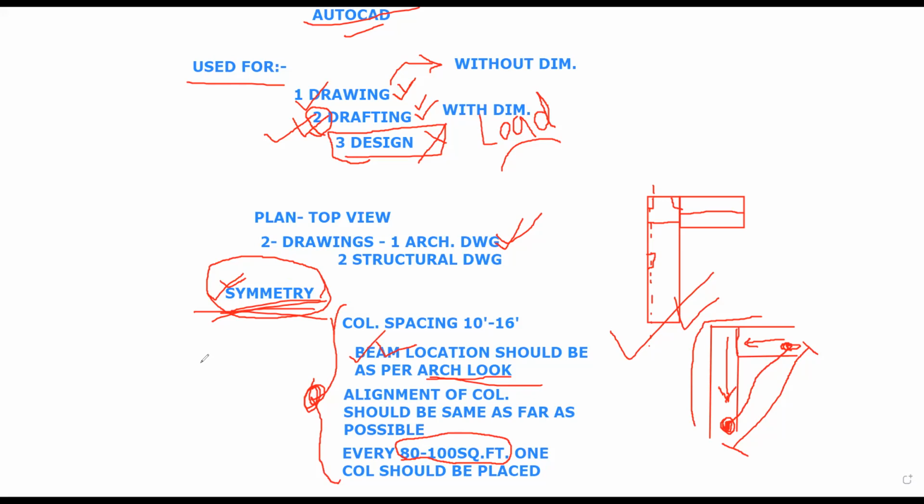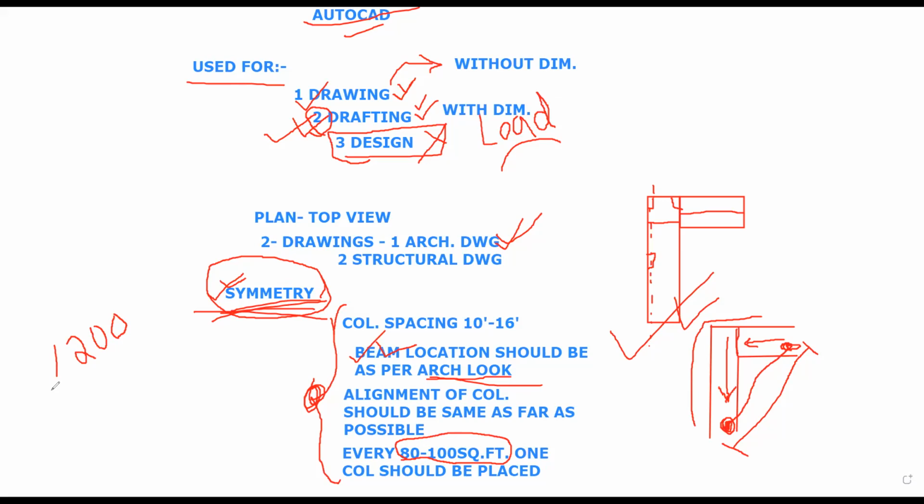Area. The column to column area, sir. Okay, the position of the column to column. Let me give you an example. My complete plot is 1200 square feet.